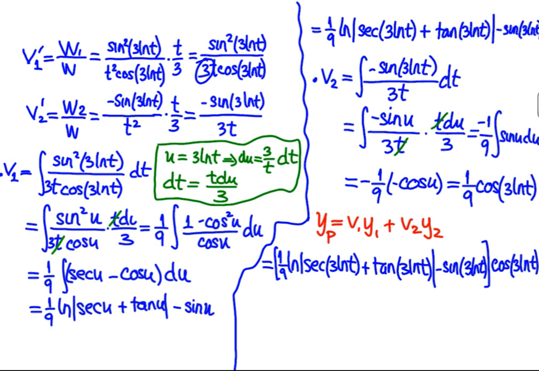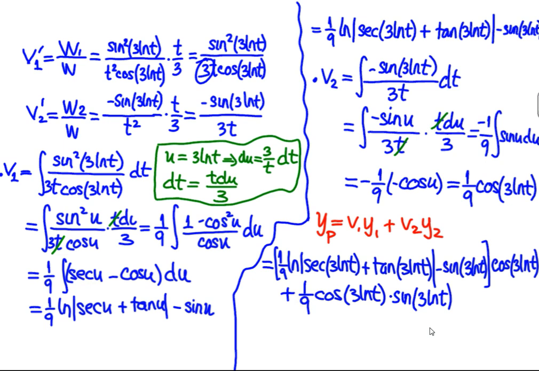That is y1. And plus V2 y2. V2 is just 1 over 9 cosine of 3ln(t) times y2. y2 from the previous page is sine of 3ln(t).